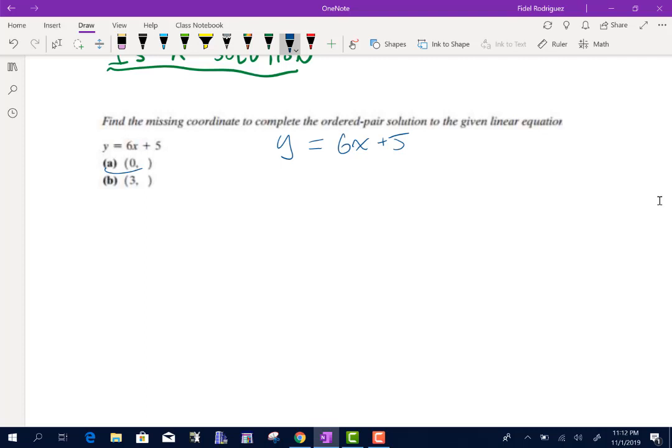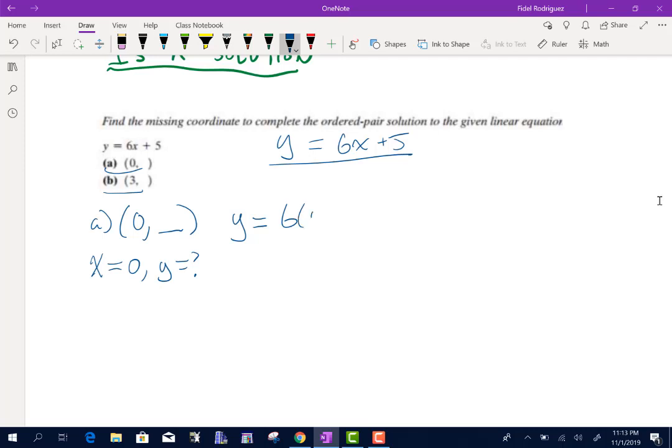Guys, notice there's two parts here, a part A and a part B. In part A, the point we have is 0 and then a blank. So what that's telling me is that I know that x is 0, but I don't know what y is. So we're going to come back to this equation right here, and everywhere we have the letter x, we're going to plug in the number 0.